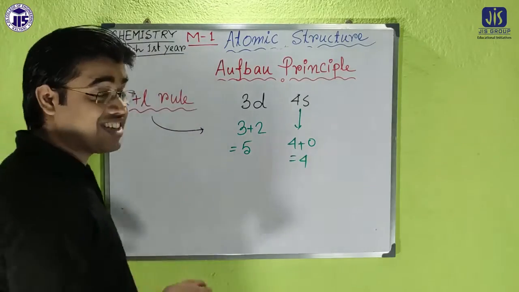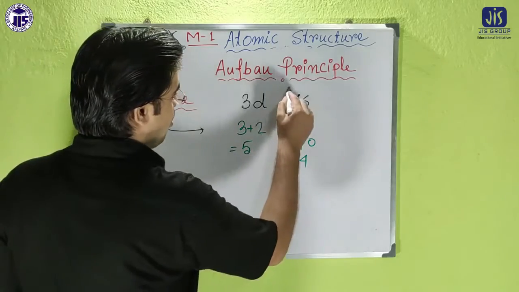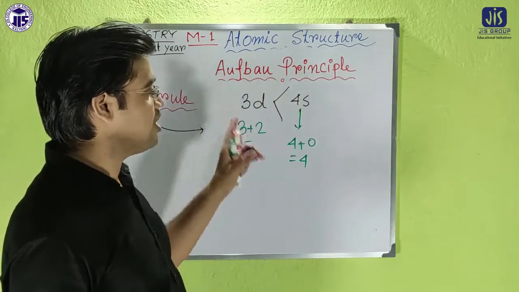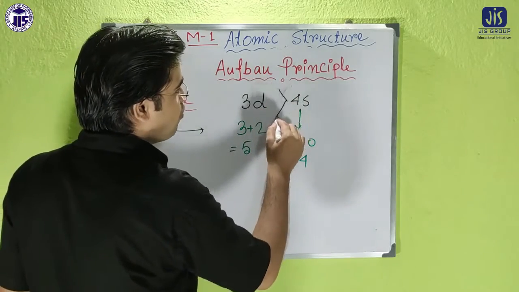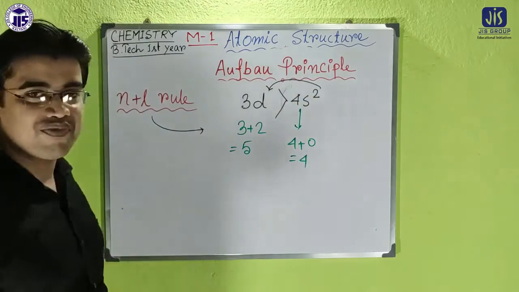So what is expected? It looks like the order will be that 4s will have higher energy than 3d. But actually what happens is that 4s is filled first, then electrons come to 3d.